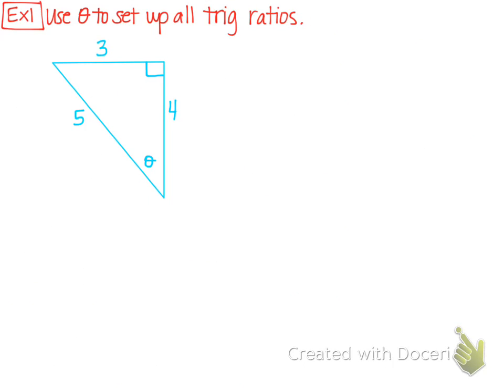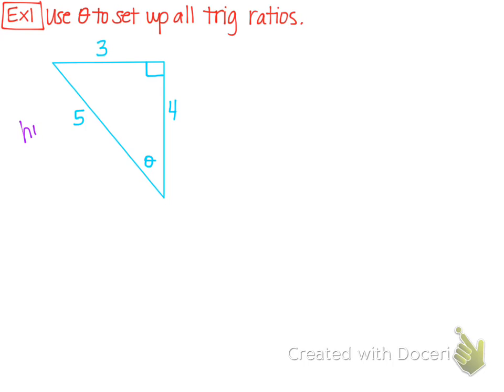Our first example says, use theta to set up all the trig ratios. So theta is right here. The first thing you want to do is you want to label everything in reference to where theta is. Now, the hypotenuse is always the easiest to pick out. It's the longest side. It's the side across from the right angle.